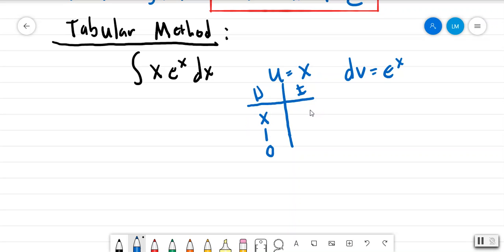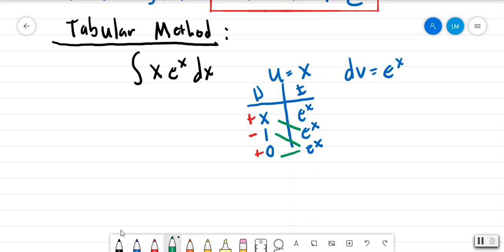In this column, we have e to the x, where we just take the antiderivative each time. Each of these layers starts with a positive, then a negative, then a positive. Then we draw a little line like this and like that, and then we go across to account for the c.